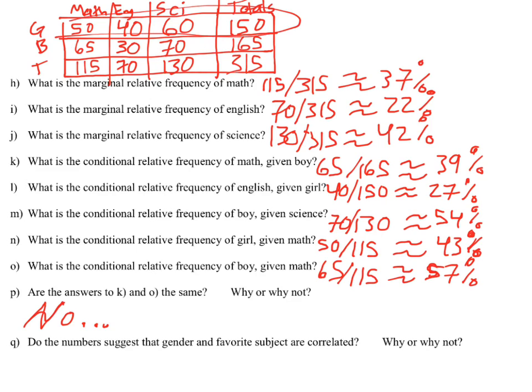And if you look at the girls, there's a fairly large difference between those that like English and those who like science. So there is a correlation between gender and favorite subject, but it's not super strong, meaning it's not like all the girls like science or all the boys like math or anything like that. So I'm going to stop the video there.